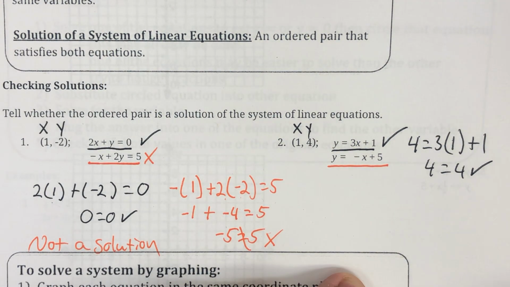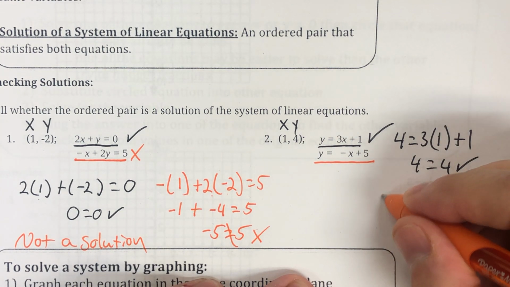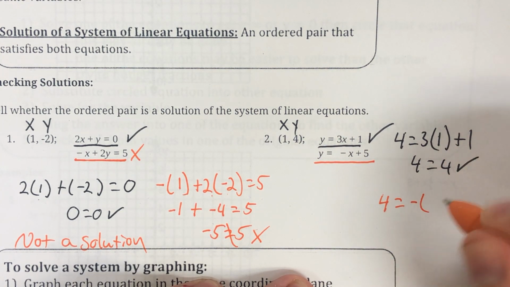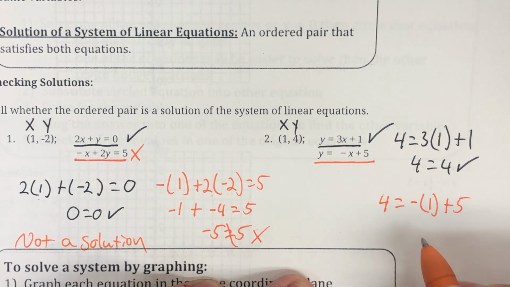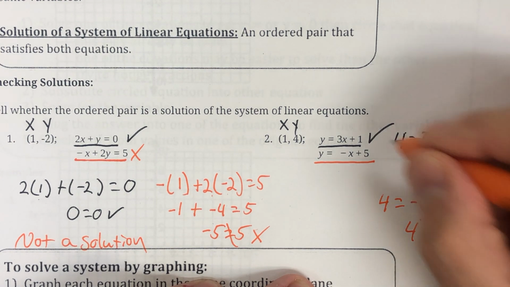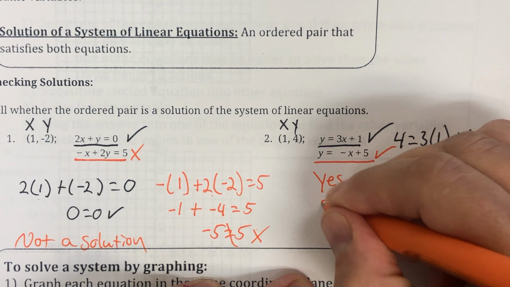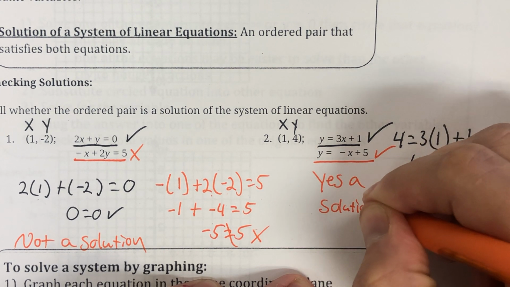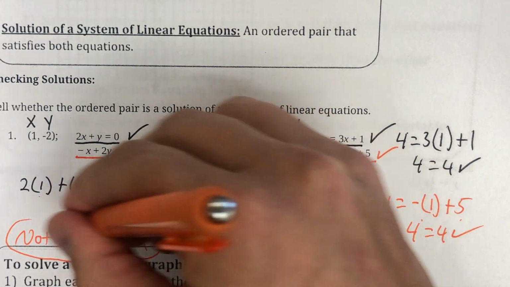Let's try the other equation. 4 equals negative parentheses, x is 1, plus 5. Negative 1 plus 5 is 4. 4 equals 4. That is true as well. So this one is a solution to the system. It made both equations true.